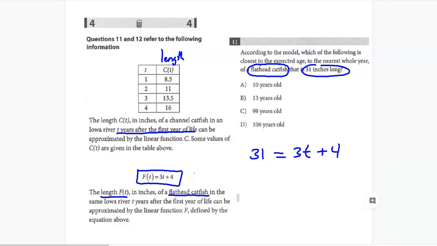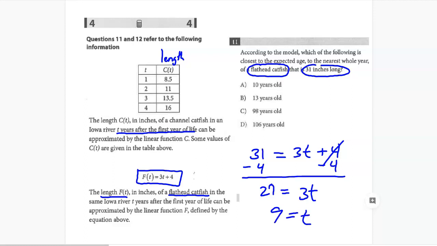So 31 inches, this should be able to calculate the years. So -4 minus 4, and we get 3t is 27. When I divide by 3, I'll get t equals 9. Now remember though, t is t years after the first year. So we need to add 1 for that first year, which gives us a correct answer of A, which is 10 years old.